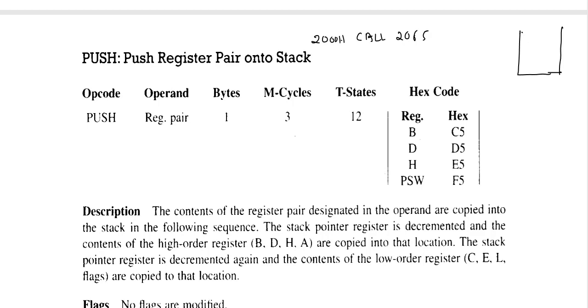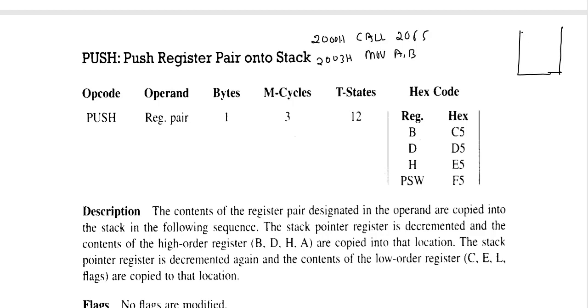It is a 3-byte instruction, so it will take 3 memory locations, and if the next instruction of the main program is MOV A, B, which is a 2-byte instruction, it will be written at 2003H. So 2000, 2001, 2002, the address of the next instruction will be 2003H.